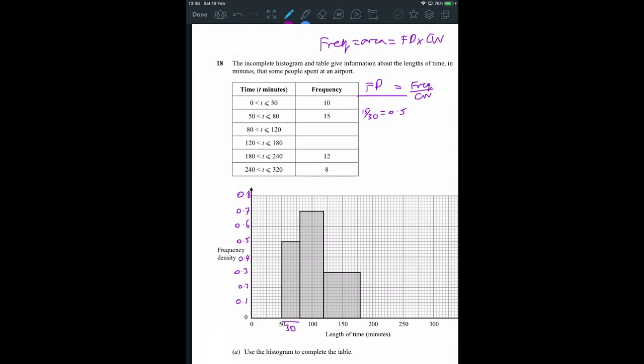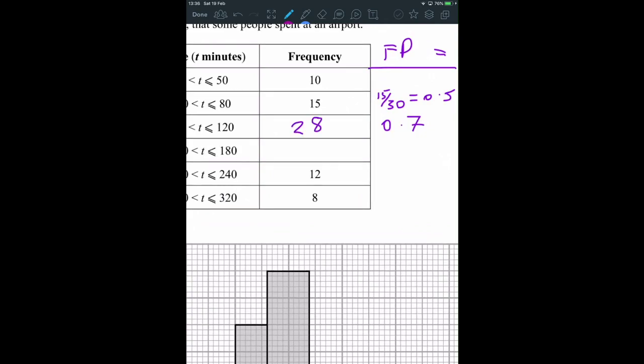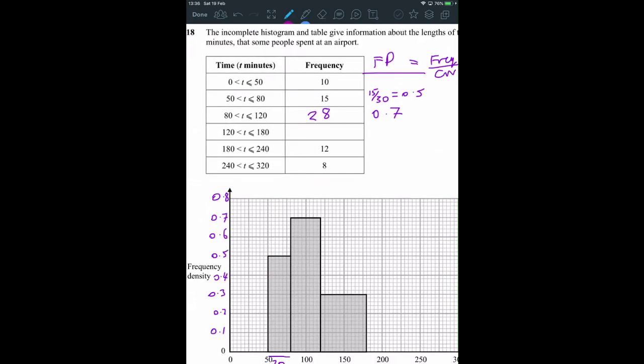So now again, 80 to 120 has a height of 0.7, and 0.7 times 40 is a frequency of 28, which is much more reasonable for where the rest of our data lies. Our other bar, 120 to 180, has a height of 0.3, so our frequency is 0.3 times 60, which is 18, again much more in line with the rest of the working. We've completed the table.